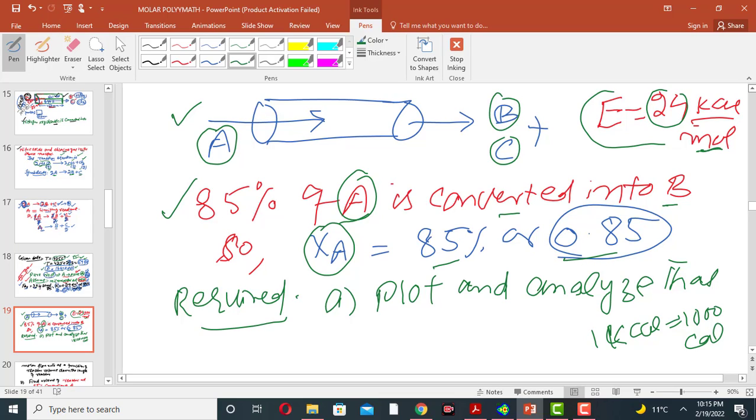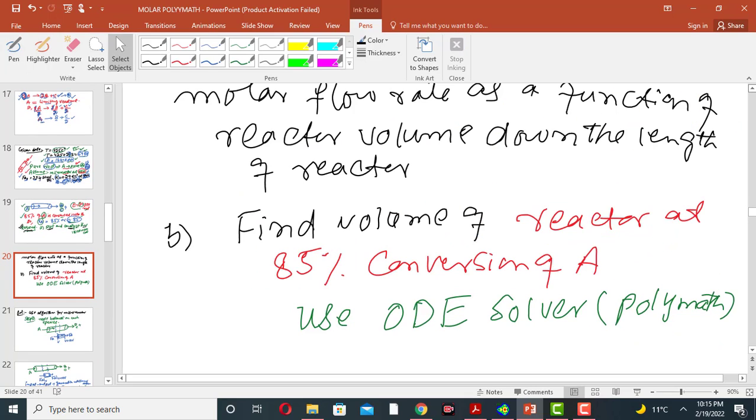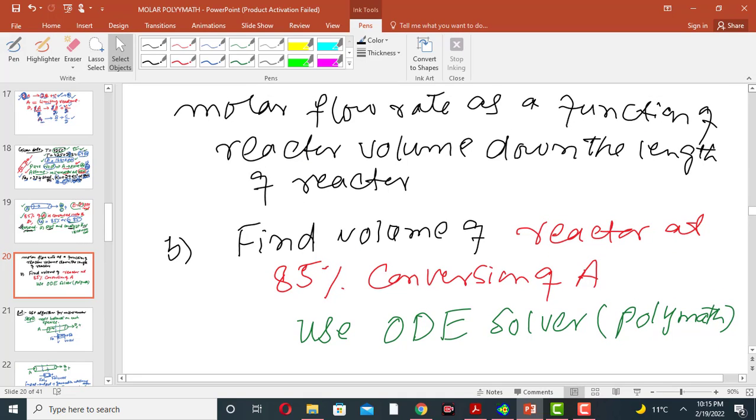Now what is required? It is given that you should draw a plot and analyze. So the requirement, what we are going to determine, is to plot and analyze molar flow rate as a function of reactor volume down the length of the reactor.